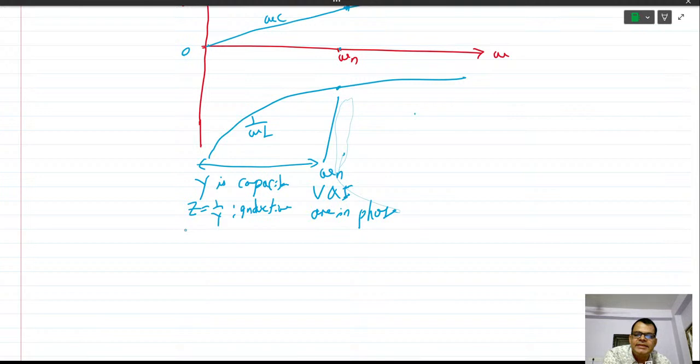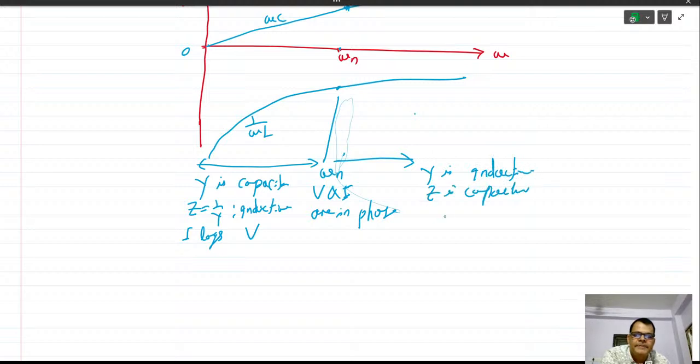If Z is inductive, obviously I lags V, and beyond this omega n, similarly Y is inductive, and your Z is capacitive, and your I leads V. Clear?